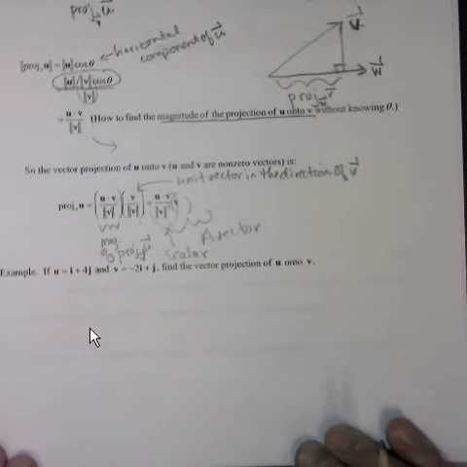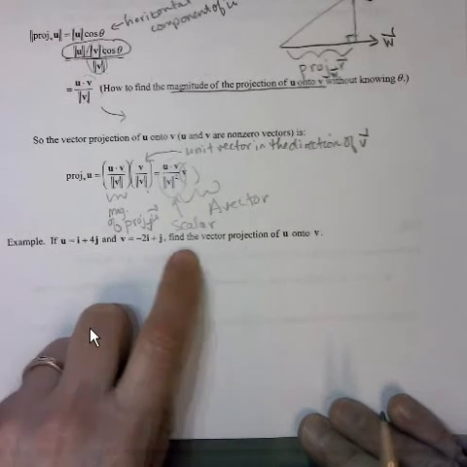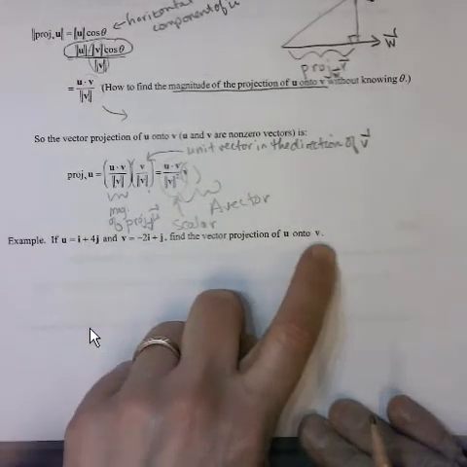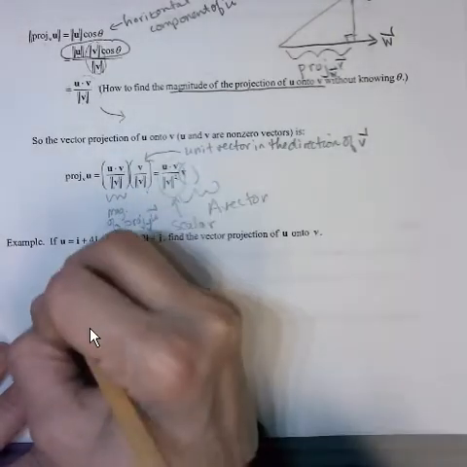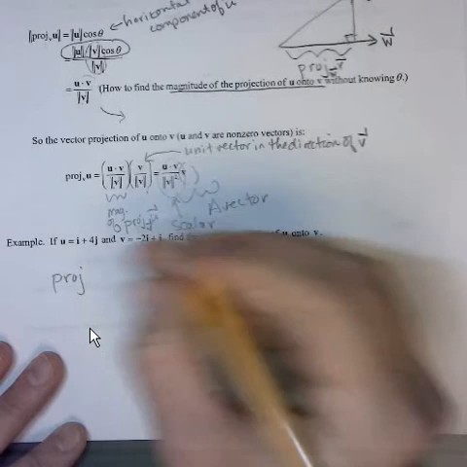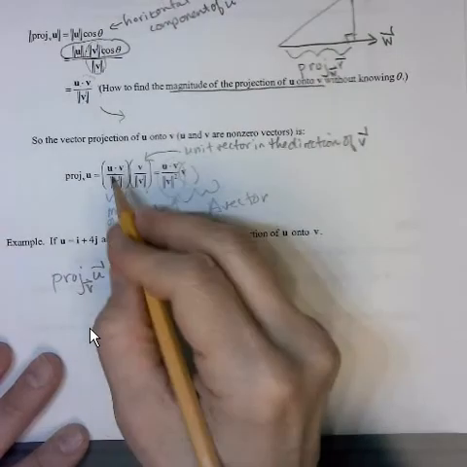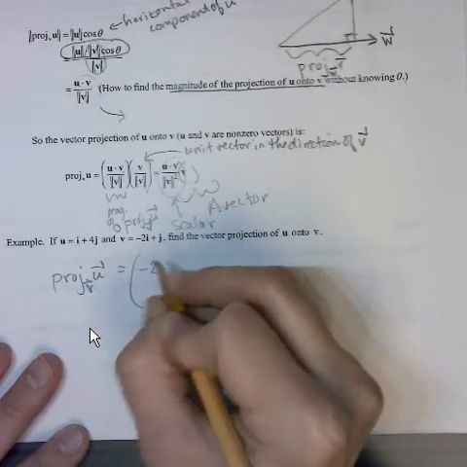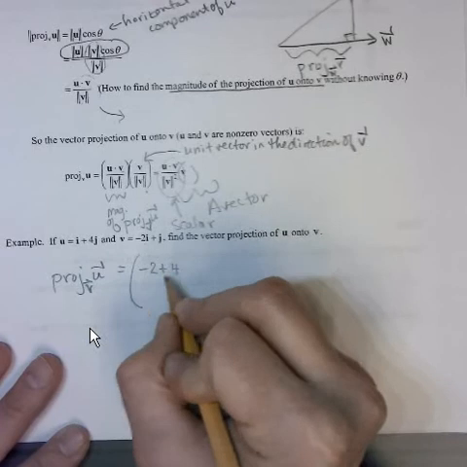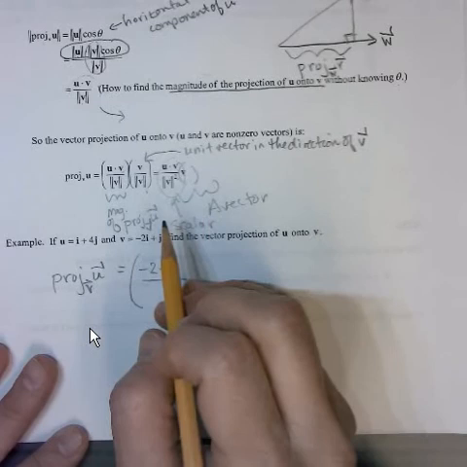If u is i plus 4j, v is negative 2i plus j, find the vector projection of u onto v. So u dot v: 1 times negative 2 is negative 2 plus 4 times 1 is 4, over the magnitude of v squared.